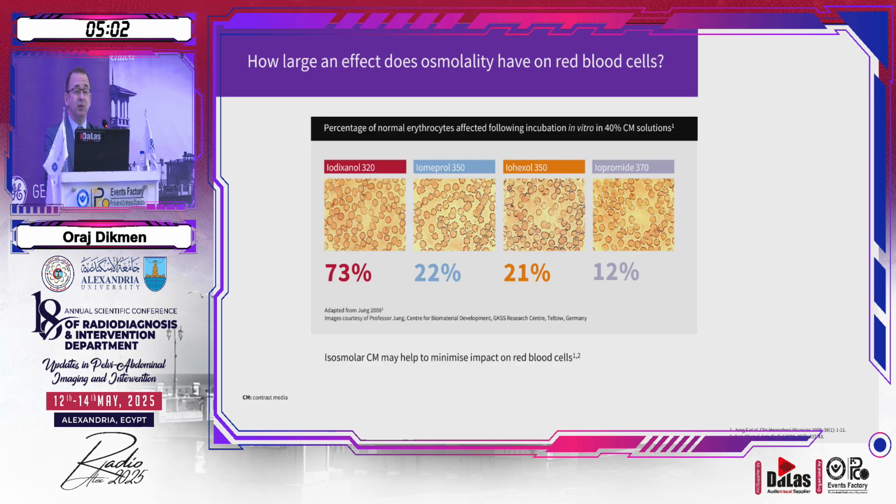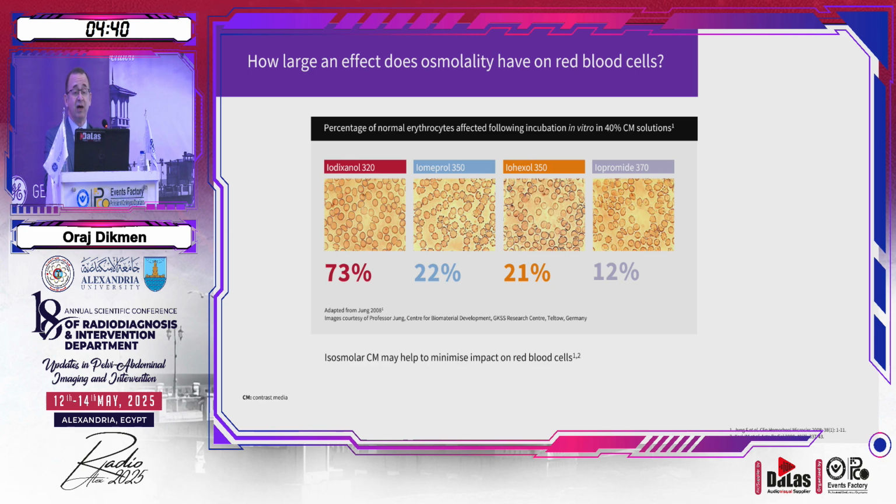So as an example of the morphology loss of erythrocytes, this is a graph that shows that a big majority of red blood cells lose their morphology when incubated with iodinated contrast media, as opposed to the leftmost slide, which demonstrates what happens with Visipac.